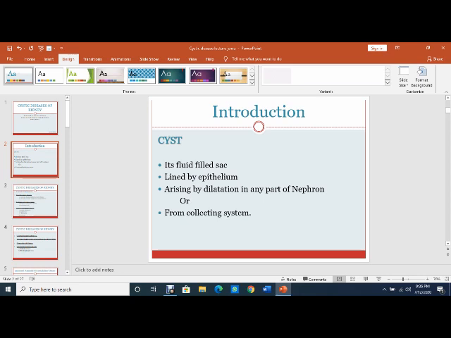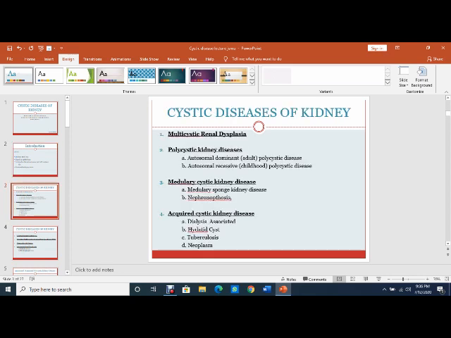It can arise by dilatation in any part of the nephron.